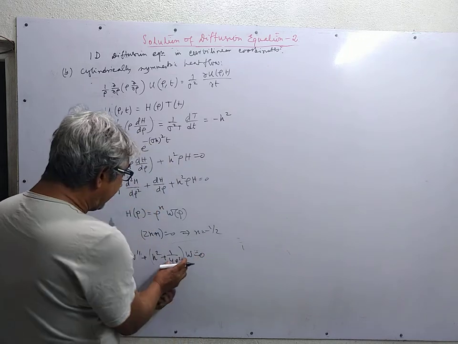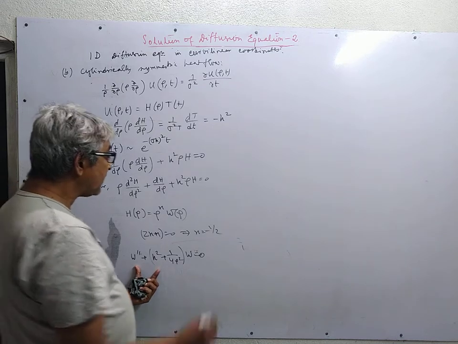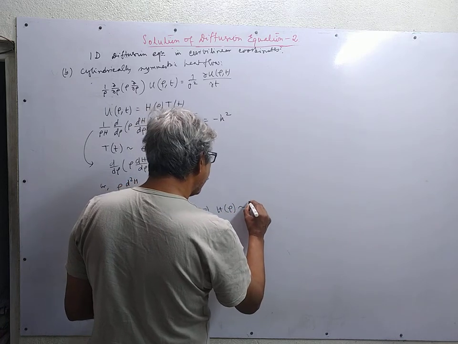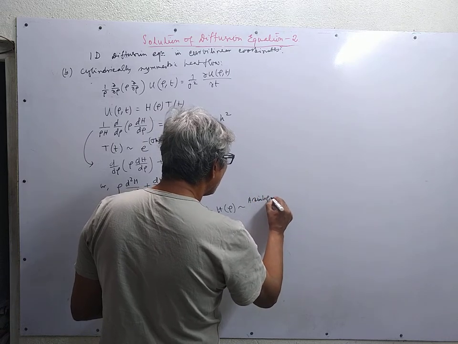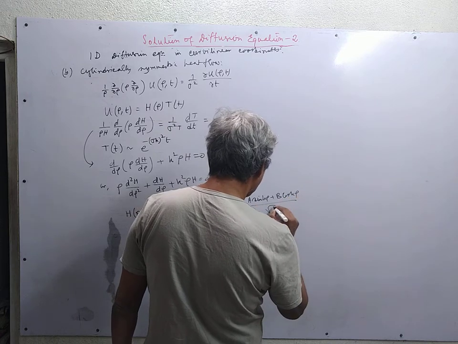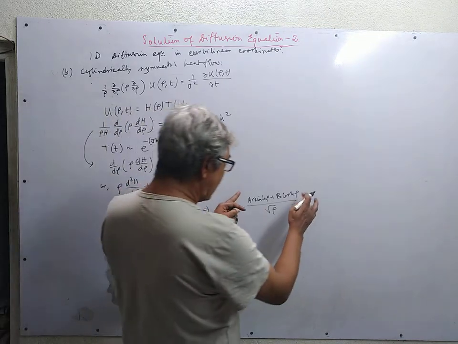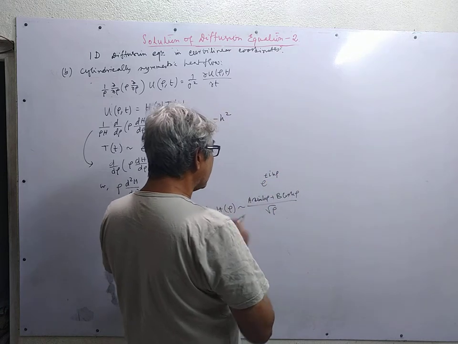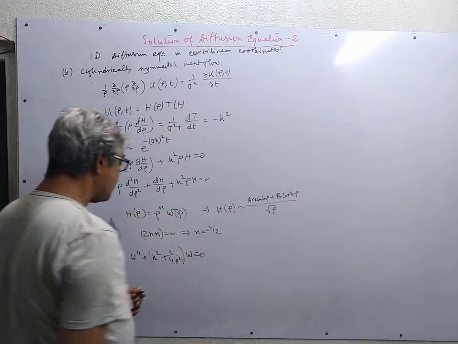If we could neglect this part, then w has a sinusoidal solution, and we are good from that. The h of rho approximately behaves as a sin k rho plus b cos k rho upon root rho. Note that in the case of wave equation, we assume the solution to be e to the power plus or minus i k rho, and for heat conduction we are assuming the solution in the form of stationary waves.